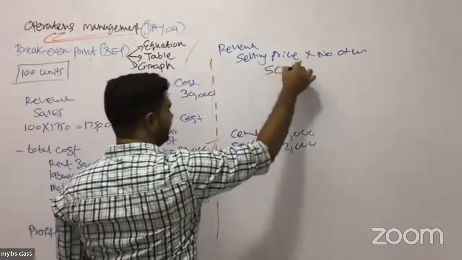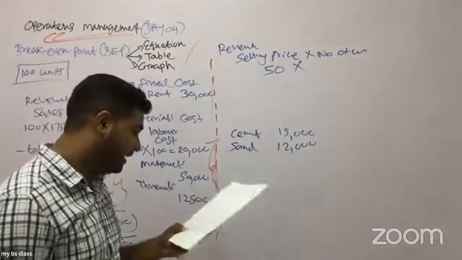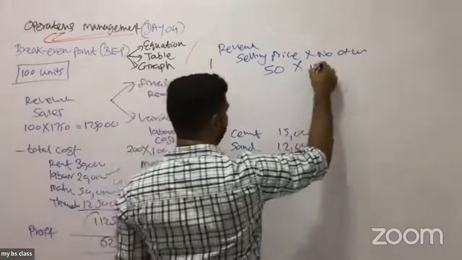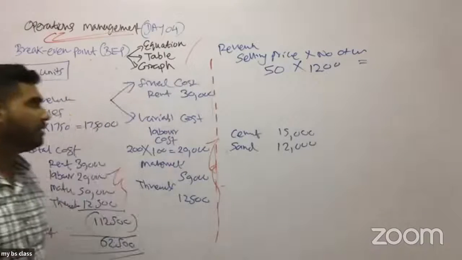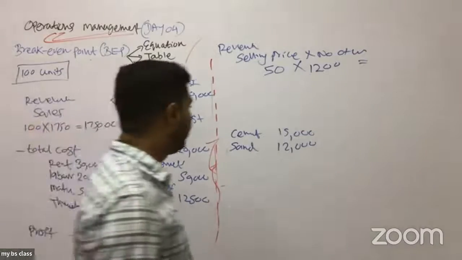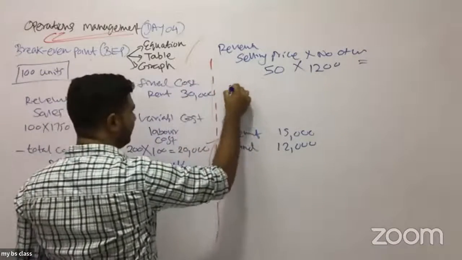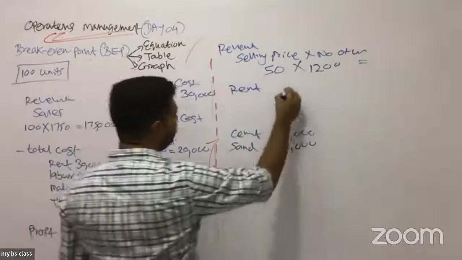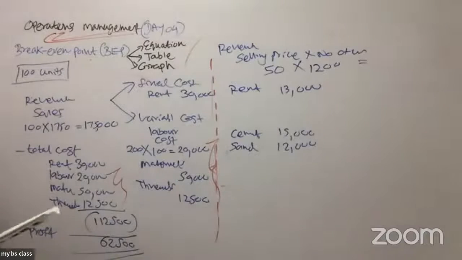So you multiply that by 12,000 and you get the total revenue. There is a monthly rental, so that is definitely a fixed cost. Fixed cost, rent, 13,000.